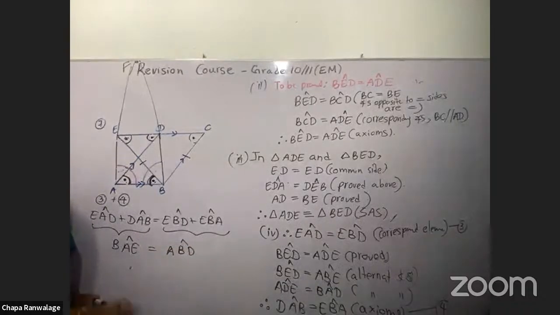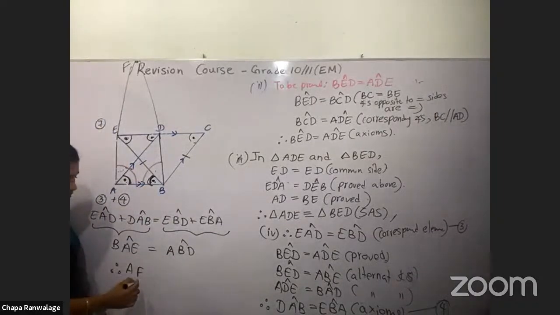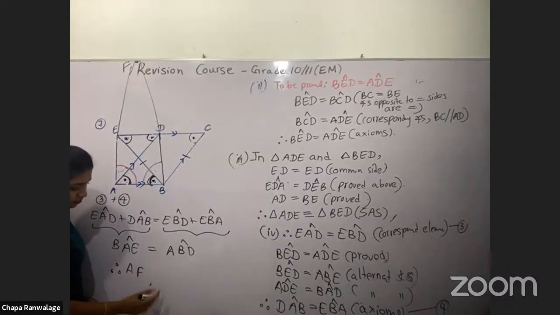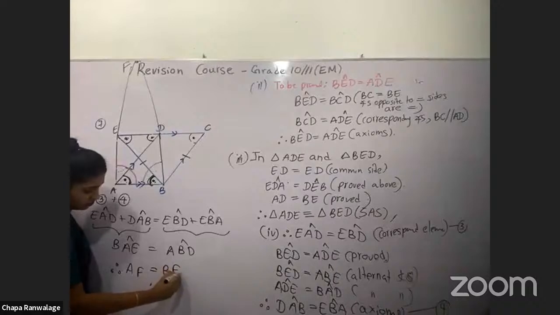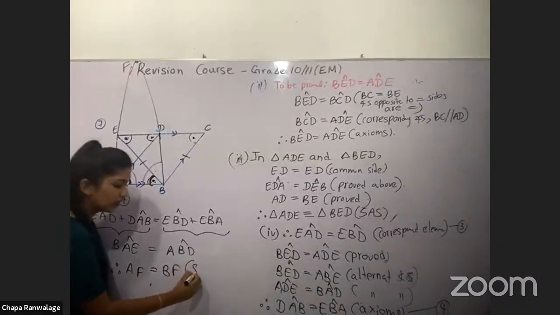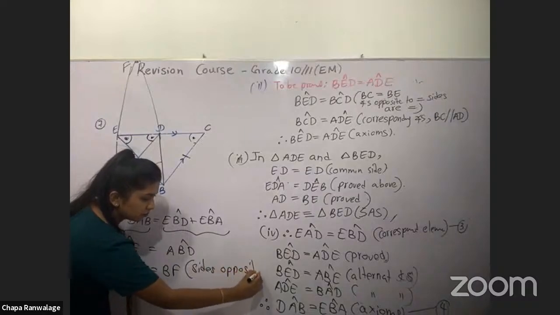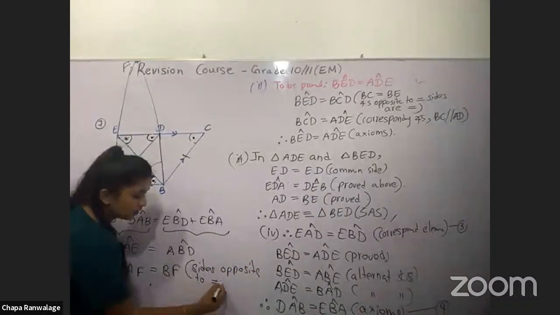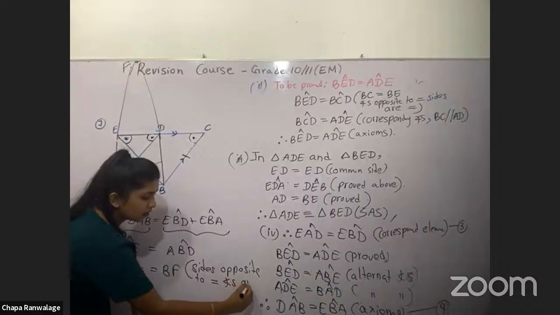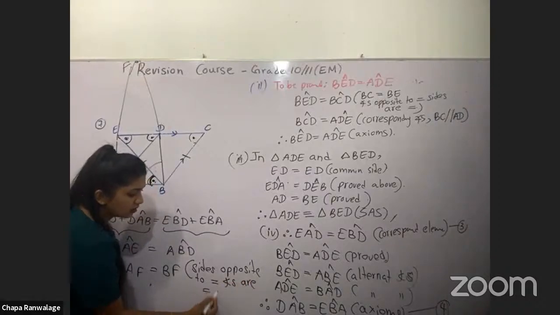Then we come here. Therefore, AF is equal to BF. Sides opposite to equal angles are equal.